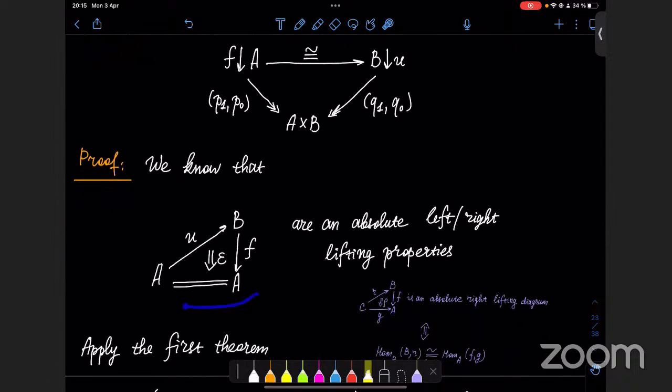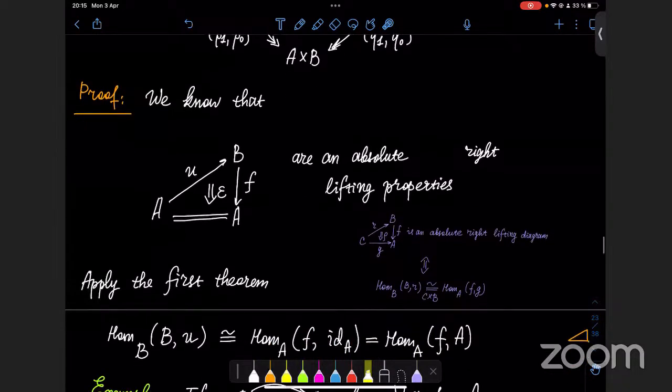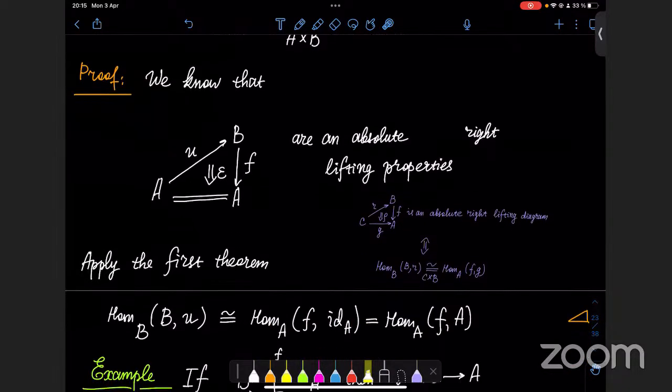So you have the following right Lifton diagram, and epsilon here is the counit. In this case, we know that this diagram is an absolute right Lifton diagram if and only if we have the following isomorphism.